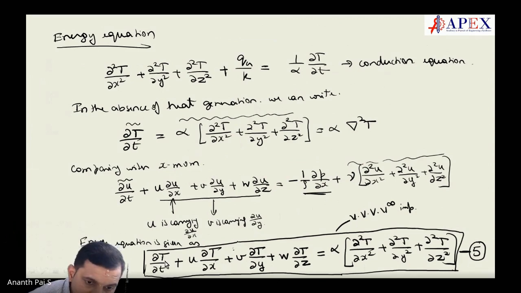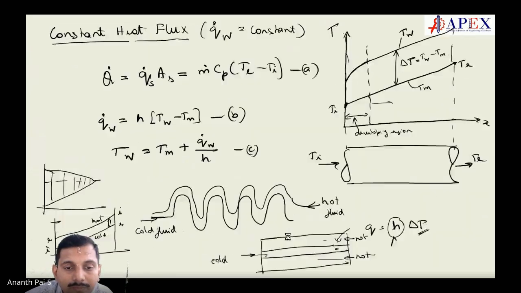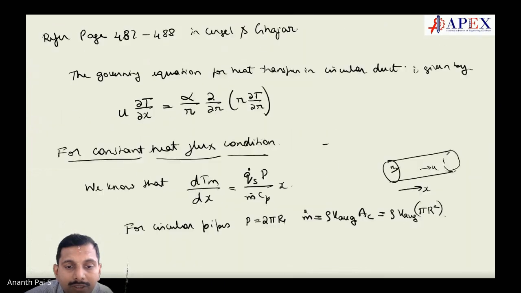Instead of x, you get r. Here this u will be w, and z will be x here. It is better if I write w here so that you will not have confusion. I could have written w into dou T by dou z instead of this, which would get away the confusion. But anyhow, don't worry, you can convert those z and u. It's cylindrical coordinates, is it not?